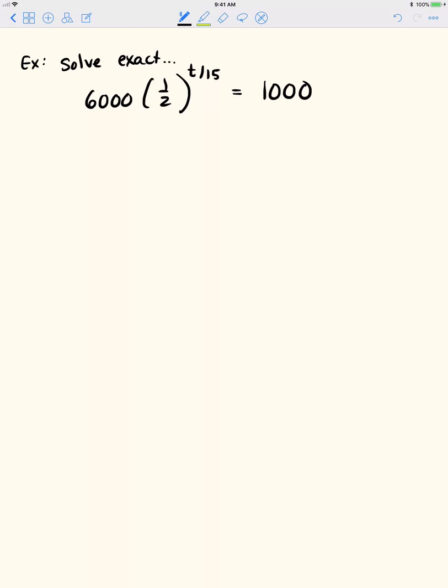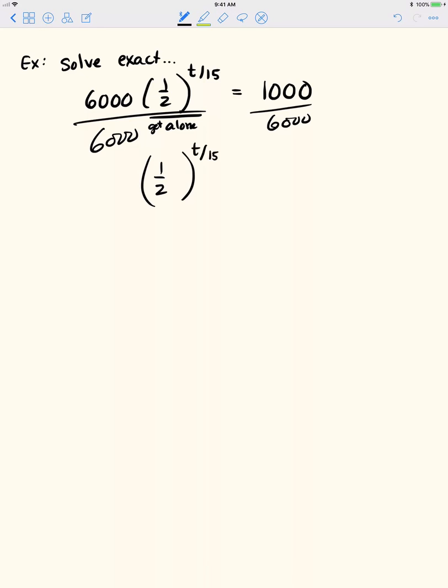We need to get the base with the exponent alone. So I'll divide away the 6,000 from both sides, and you're left with 1/2 to the t over 15 power equals 1/6. Again, please leave it exact because that is a repeating decimal, and you don't need that.